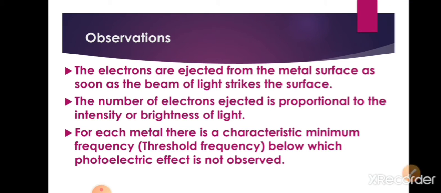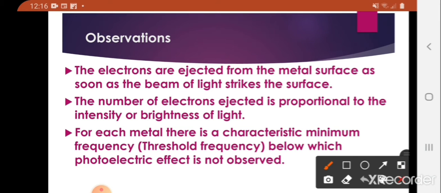These are the observations made in the photoelectric effect. The electrons are ejected from the metal surface as soon as the beam of light strikes the surface. That is, there is no time lag.